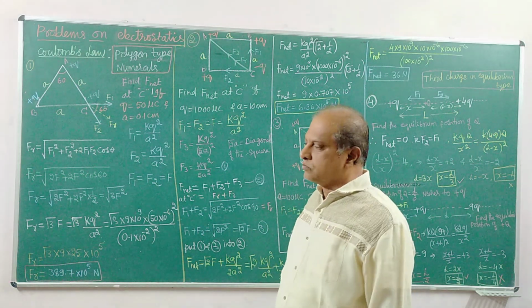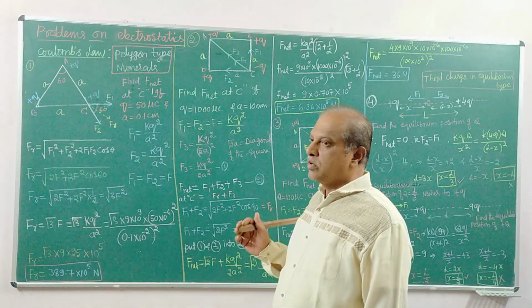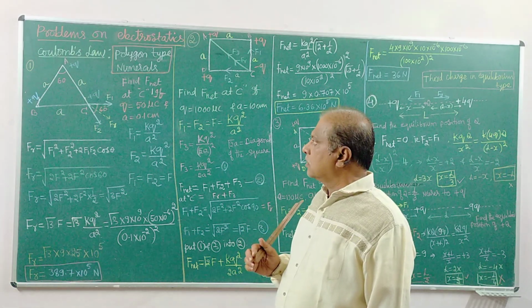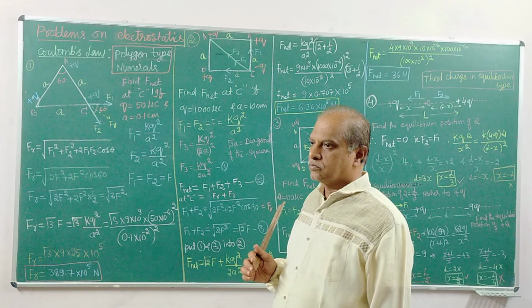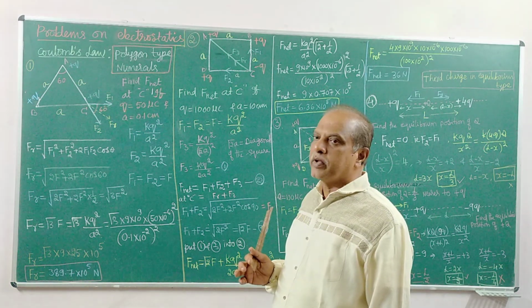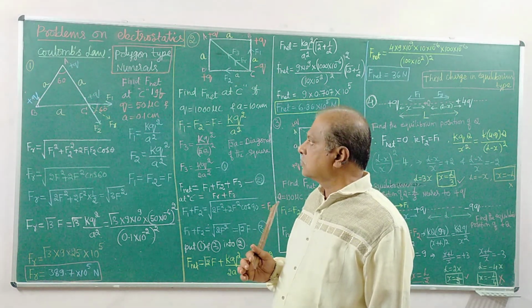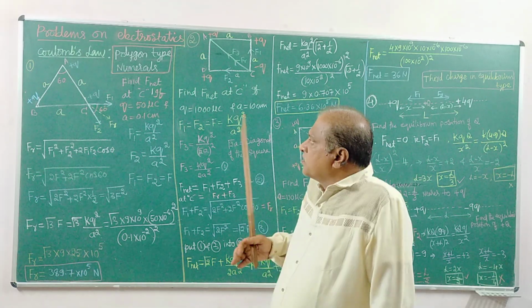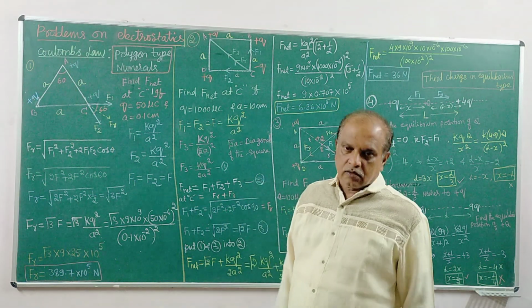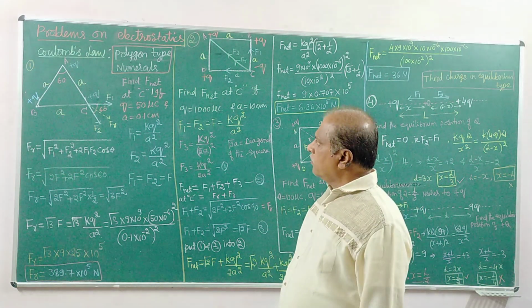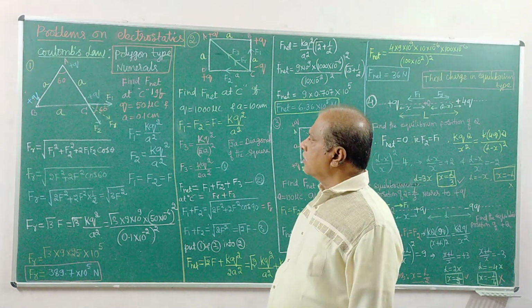What is the problem? There are three charges in space. The geometry of the arrangement is the vertices of a triangle. The triangle is equiangular, equilateral.